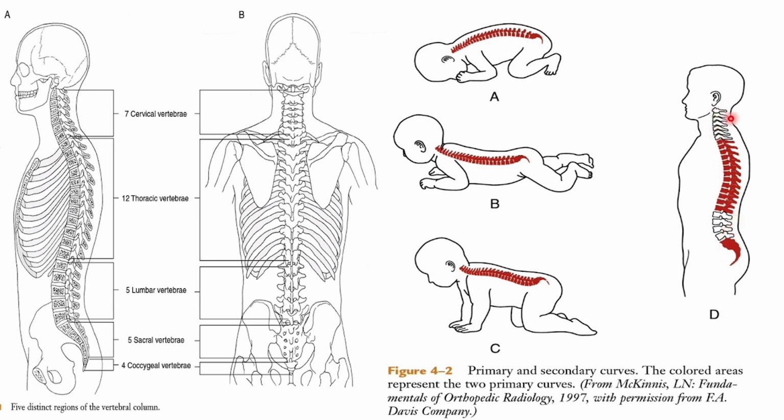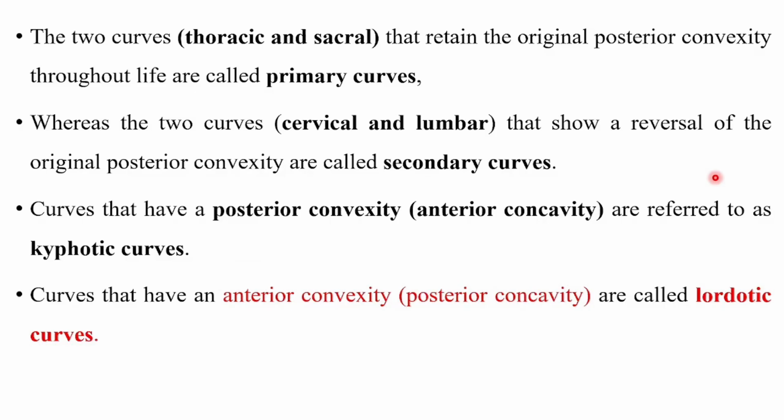You can see here that in the cervical and lumbar regions they have posterior concavity and anterior convexity, but in the thoracic and sacral regions they have anterior concavity and posterior convexity. So this is the difference between the primary and secondary curves.